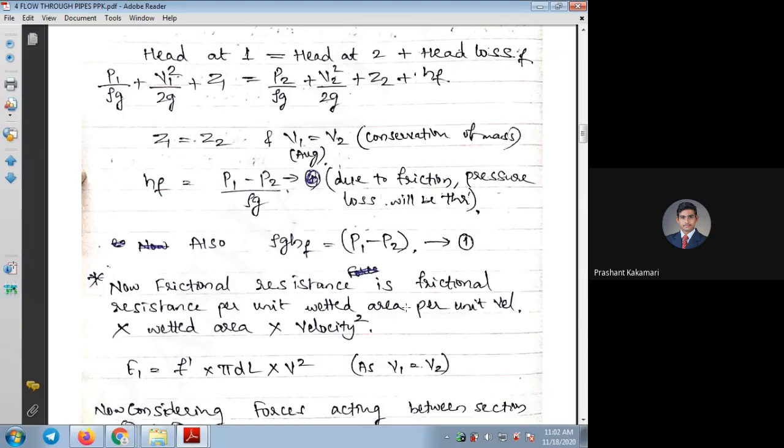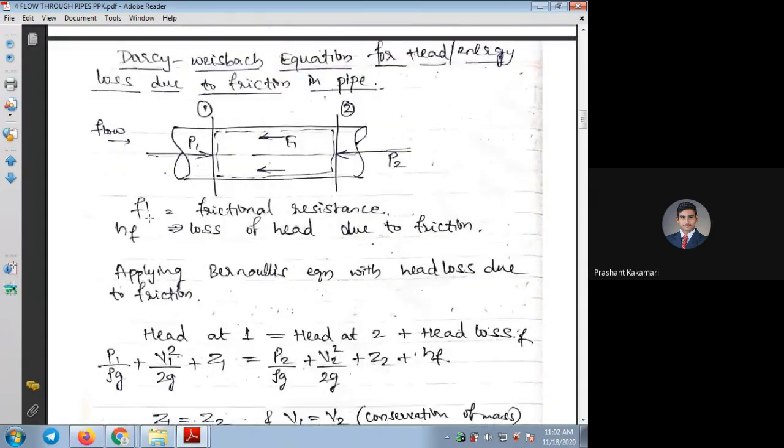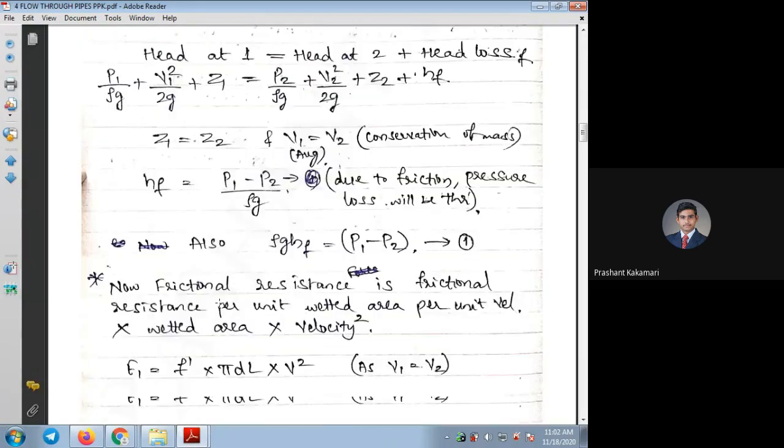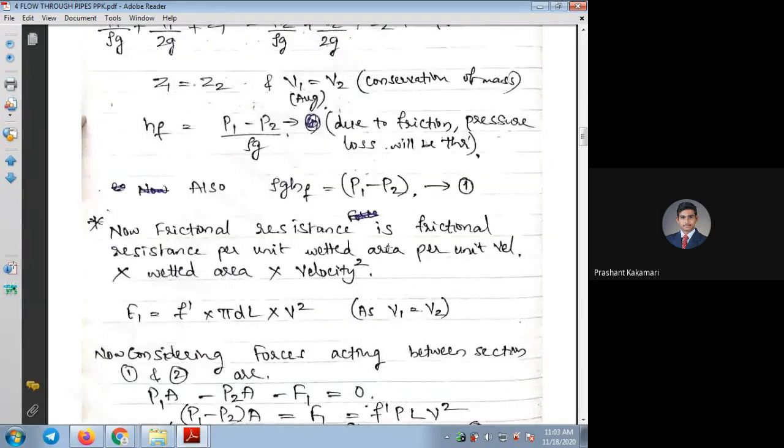So F1 is the small f dash into wetted area into velocity square.